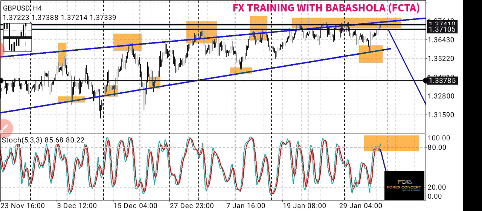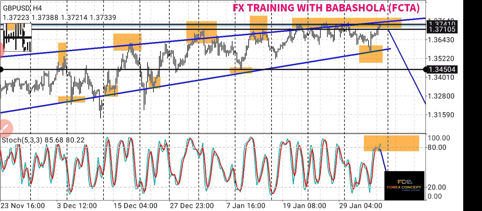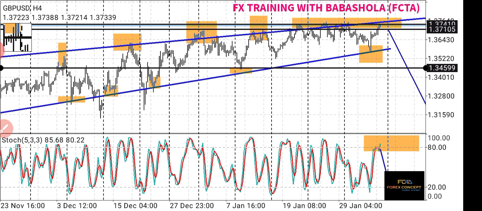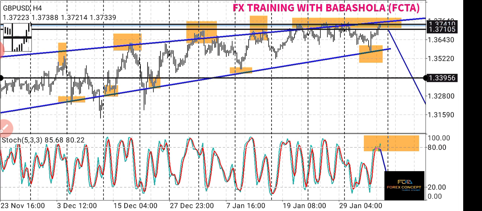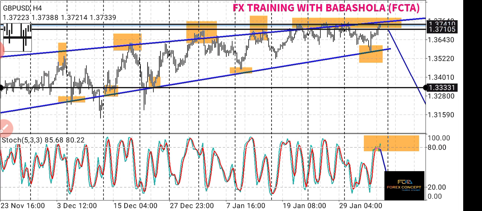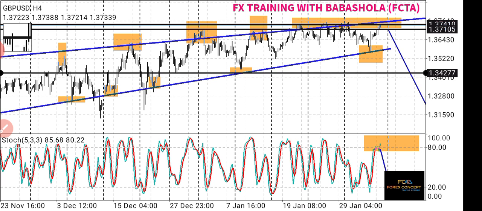So our reasonable target should be here, because it's a value support level. Okay, so our partial take profit will be here, 1.35620. Then our real take profit, or TP2, will be here, that's 1.34296. Okay, if you look at the risk reward ratio, you see that this is a very good trade.